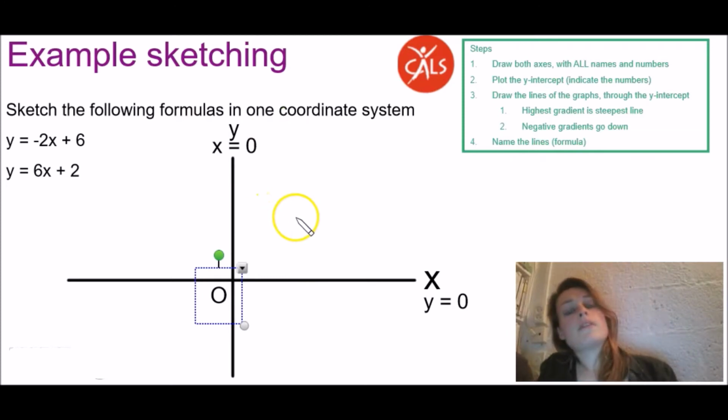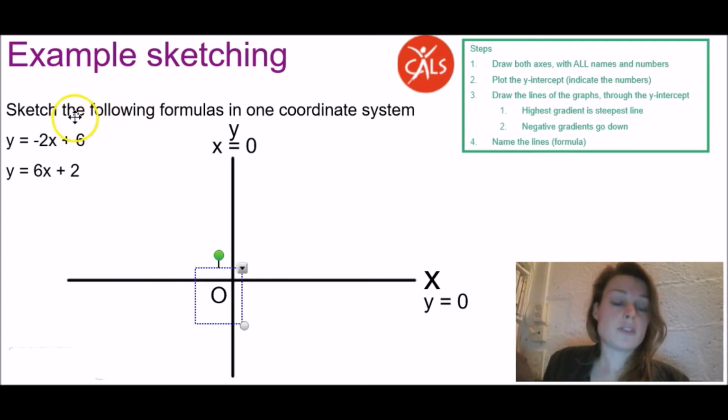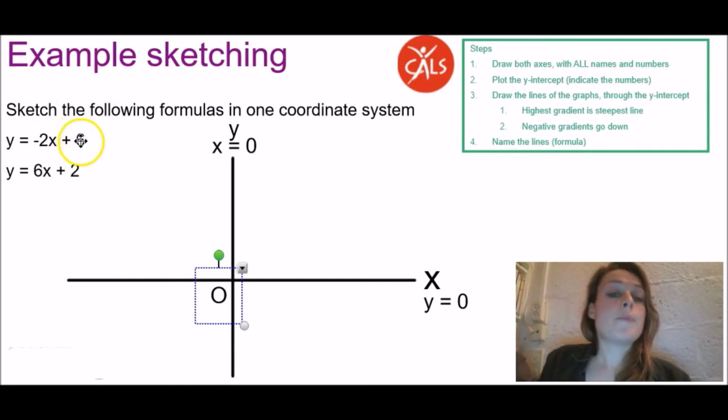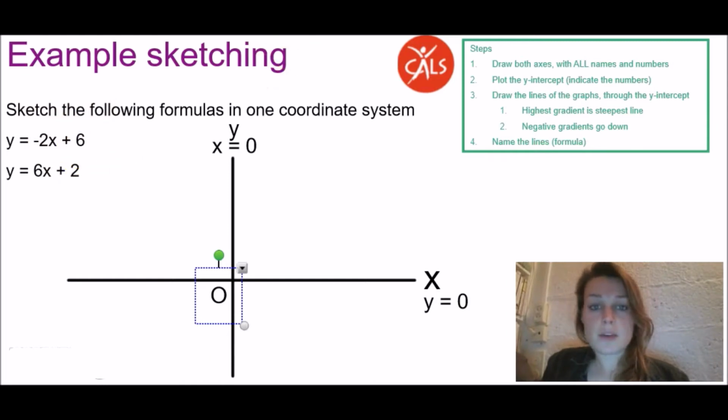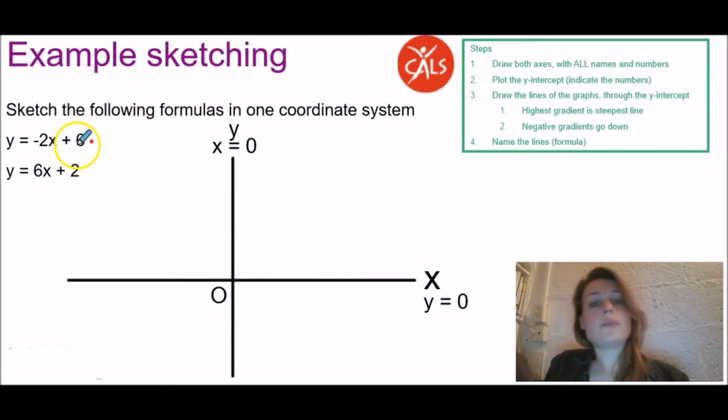So now we have everything we need for this one, and we can start plotting the graphs, or actually sketching the graphs. So let's take a look at the first one, minus 2x plus 6. We know the y-intercept is 6. I'm going to make this graph red, by the way. And we know the y-intercept is 6.